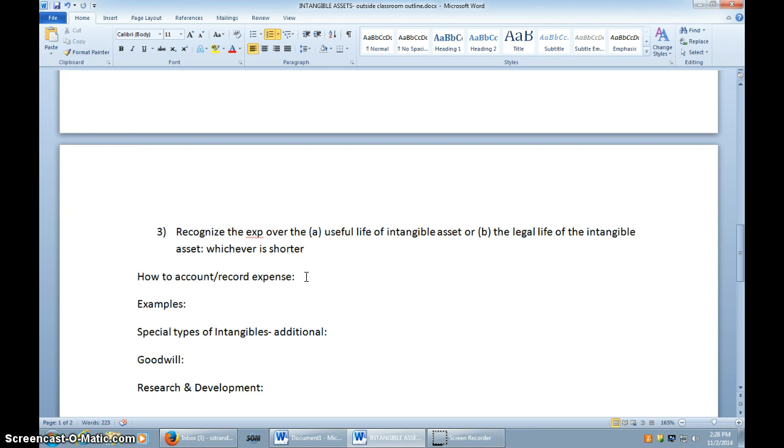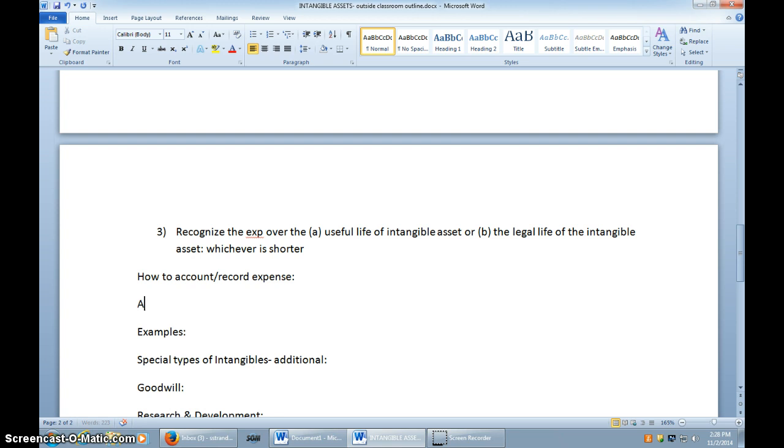All right, so let's talk about how we record, how we account for amortization expense. So amortization expense is calculated by taking the cost of the intangible asset divided by the life of the asset.